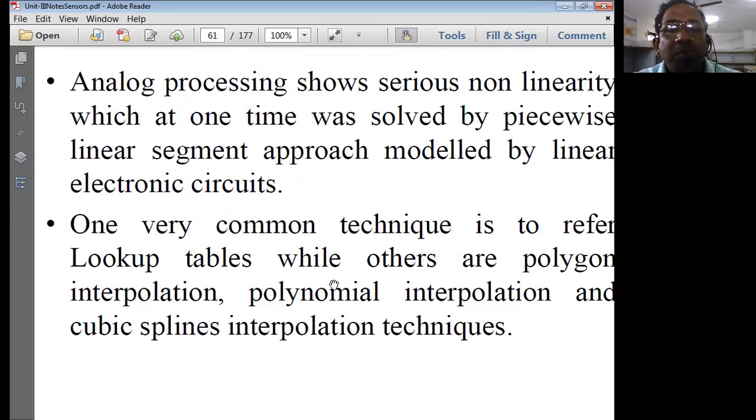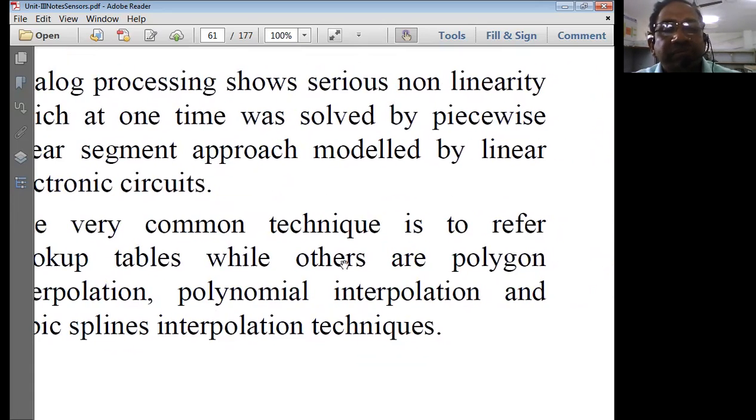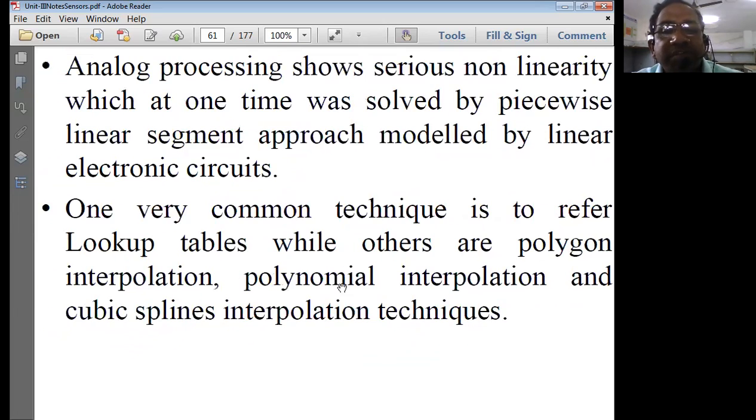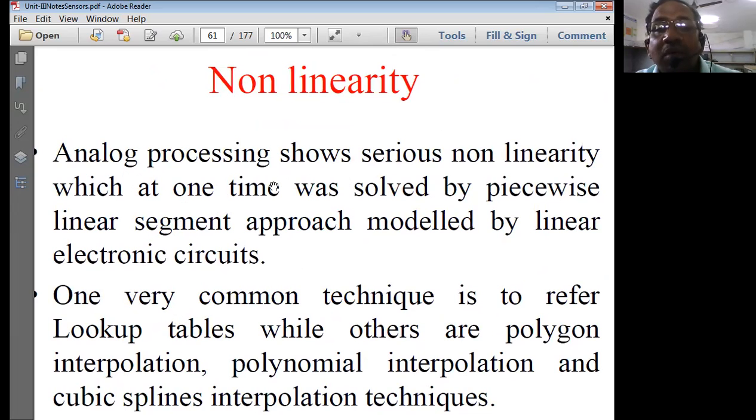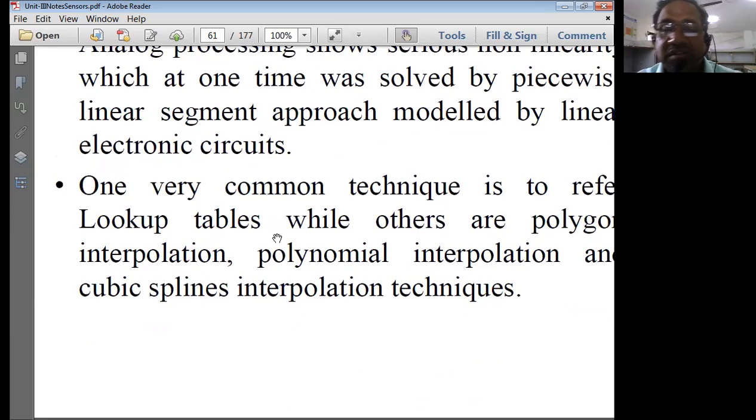Therefore, we go with another technique known as the lookup table technique. Using lookup tables, we normally get a linear output for large voltage signals, in comparison to the piecewise linear model technique, to avoid the non-linearity at the output of the sensor circuits.